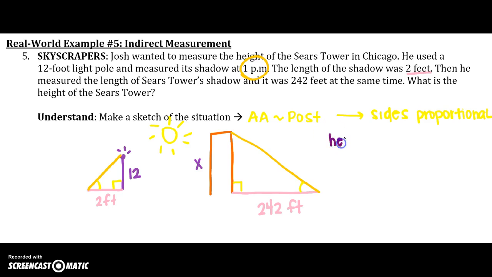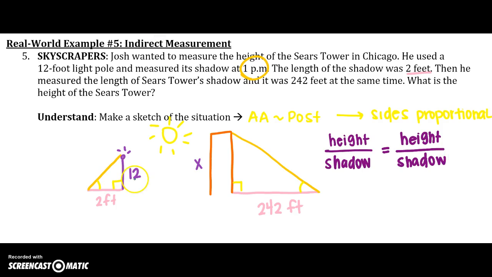I'm going to go my height over my shadow equals, and I need to stay consistent, my height over my shadow. And you might say height over your height equals shadow over your shadow, however you want to do it.